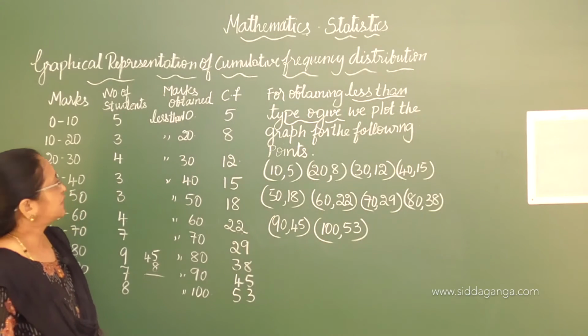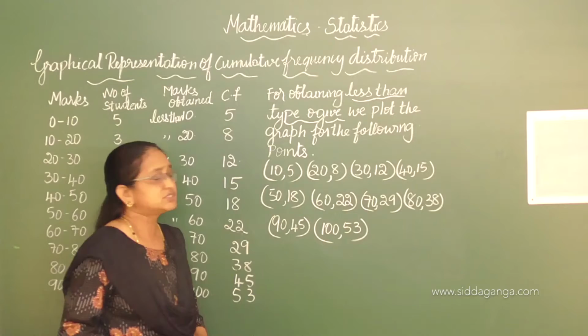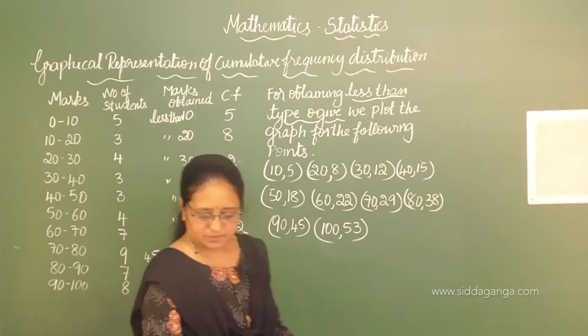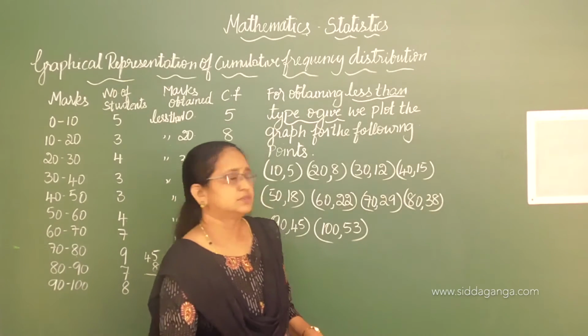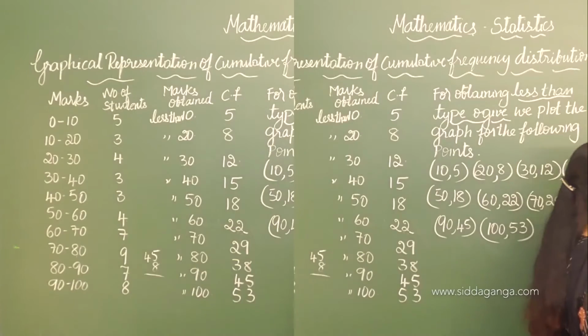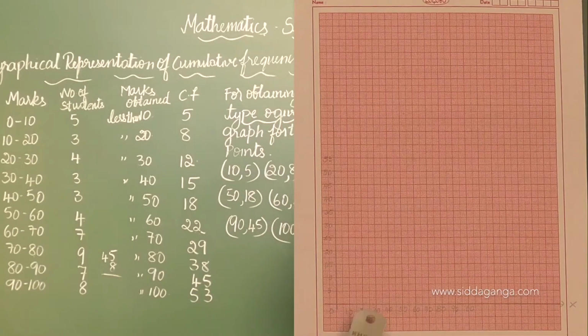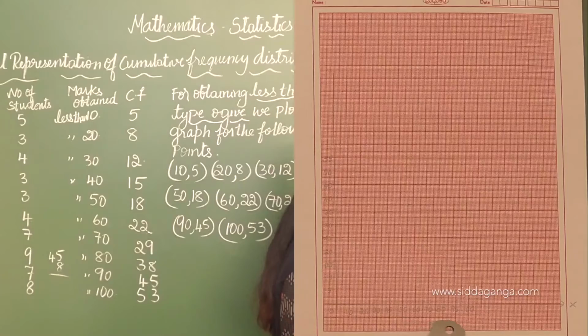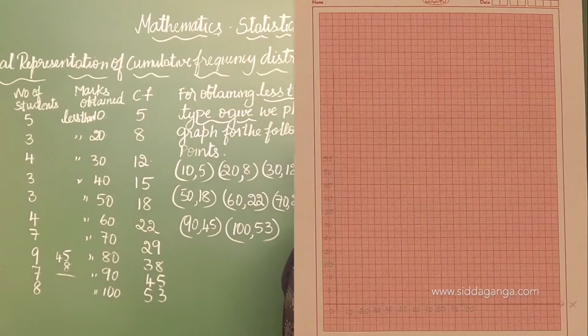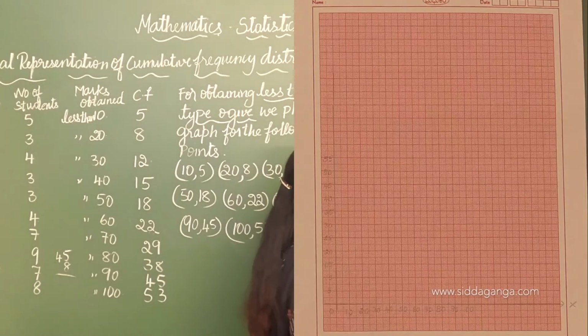Now let us try to plot the graph for these points. Your graph is ready here. Now here you can see 10, 20, 30, 40, 50, 60, 70, 80, 90, 100. The scale need not be the same.